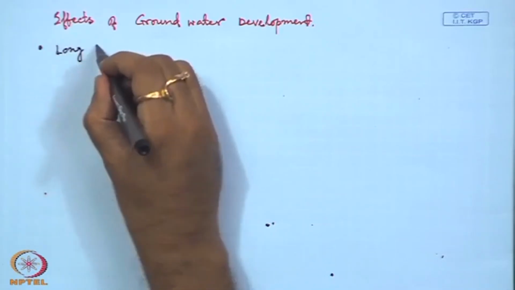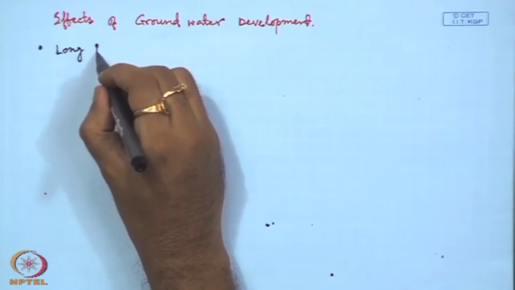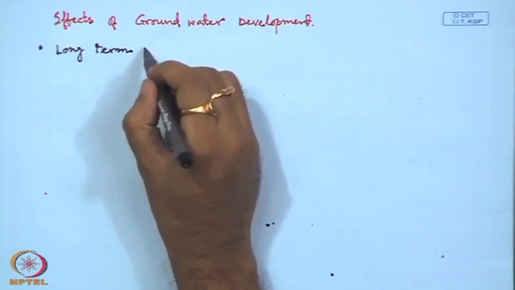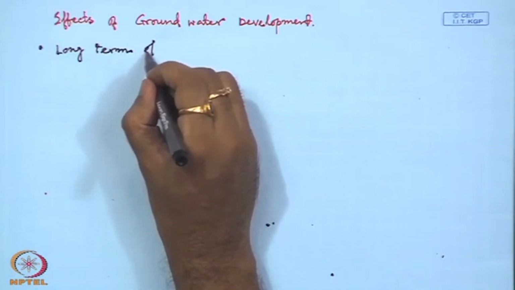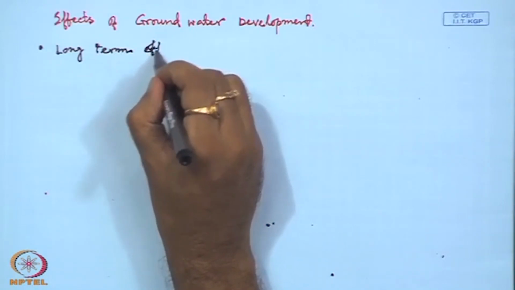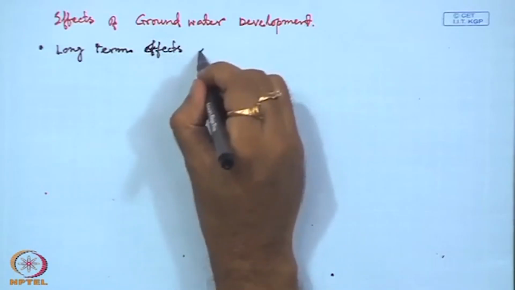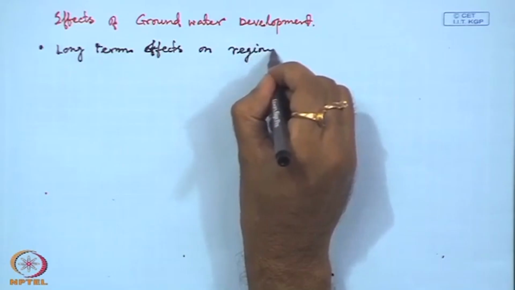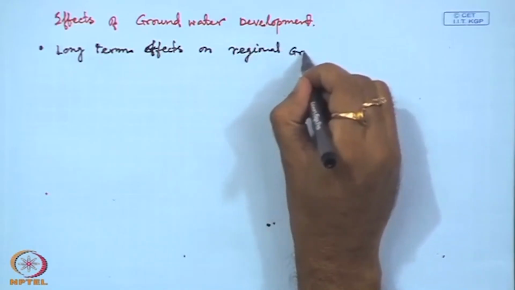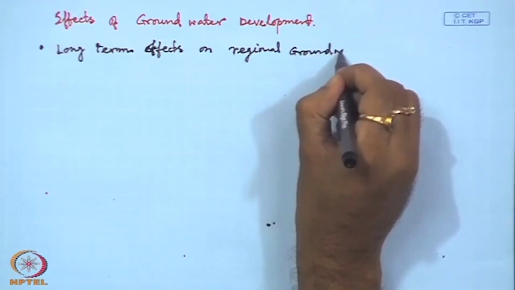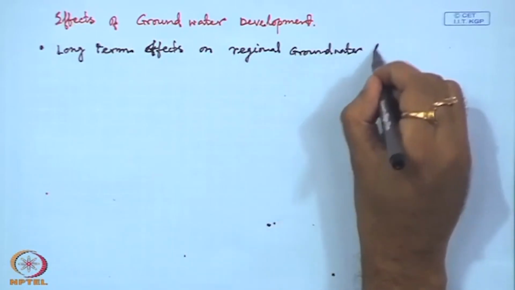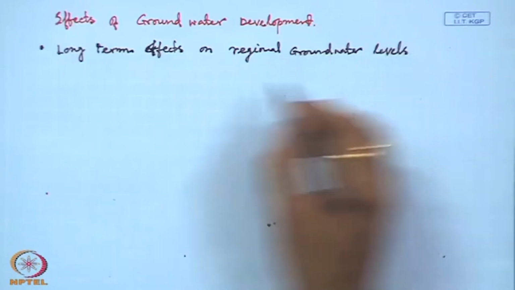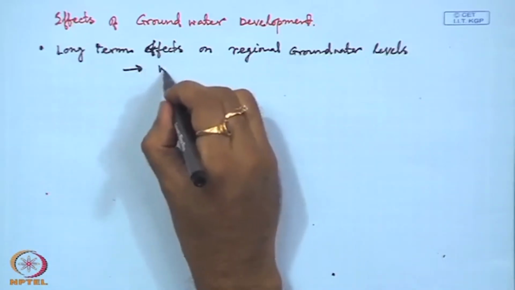So, long term effects on regional groundwater levels, that is water level decline.